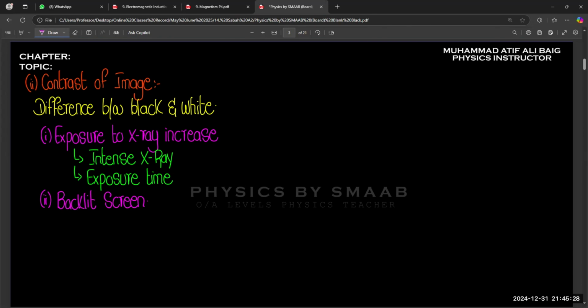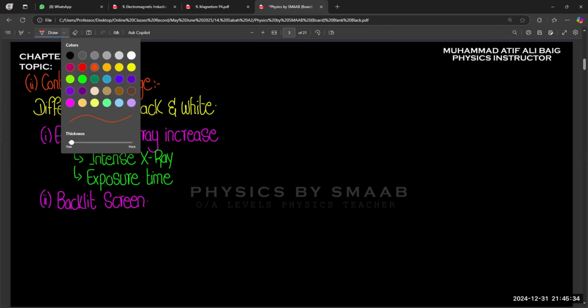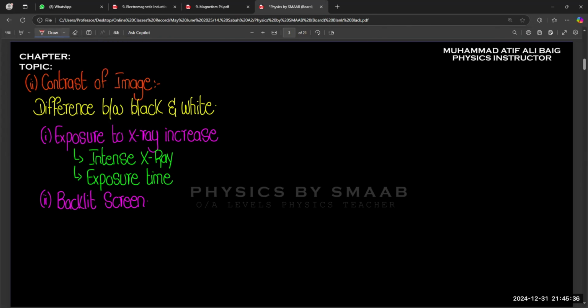Okay. Yes. So if we talk about that graphical representation, we can also call it the characteristic peak. In the characteristic peak, we are talking about intensity and wavelength. On one axis, we are going to mark intensity.